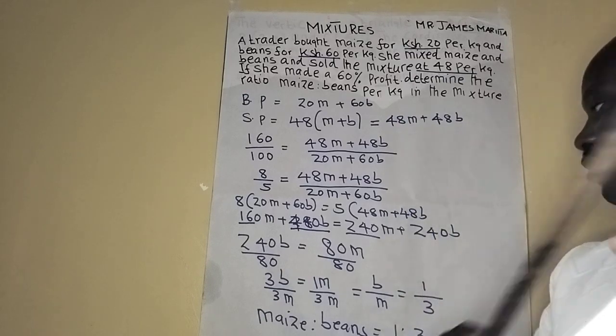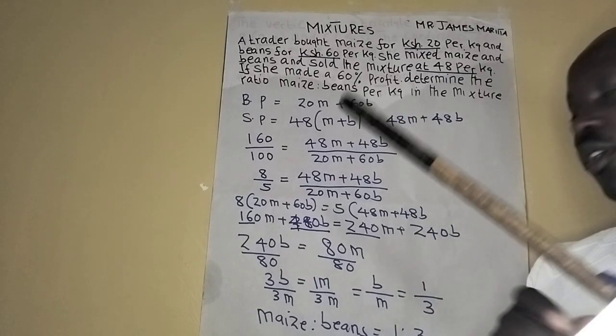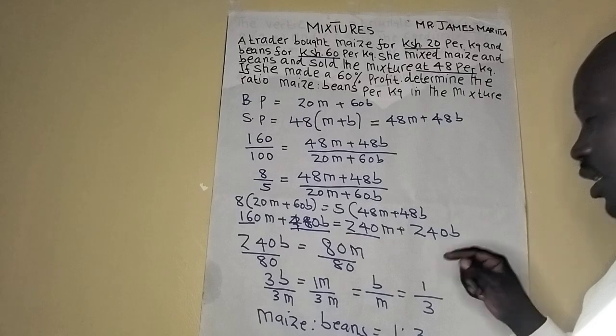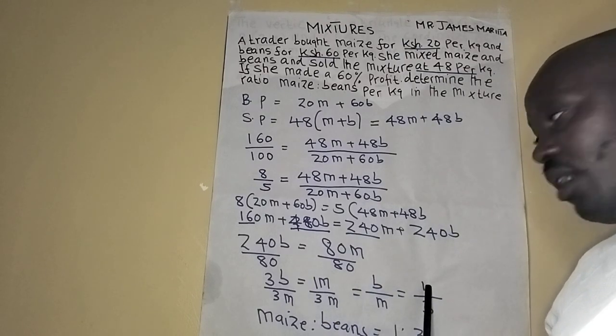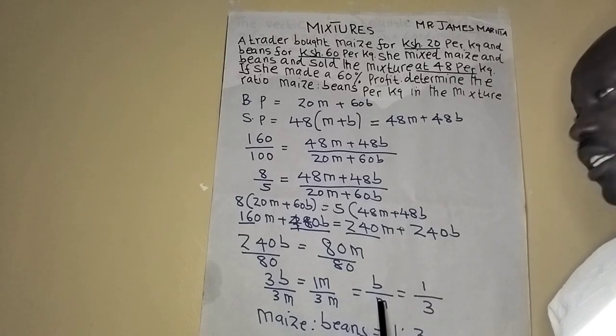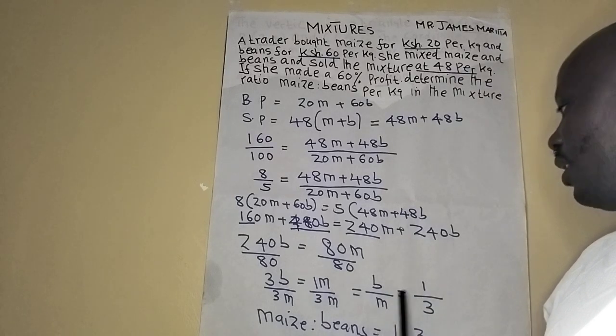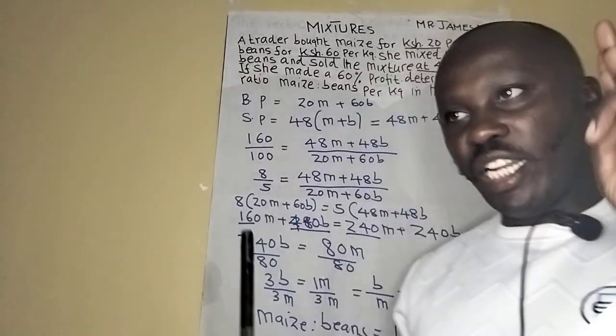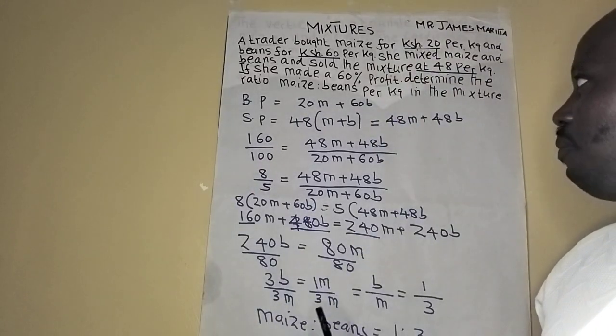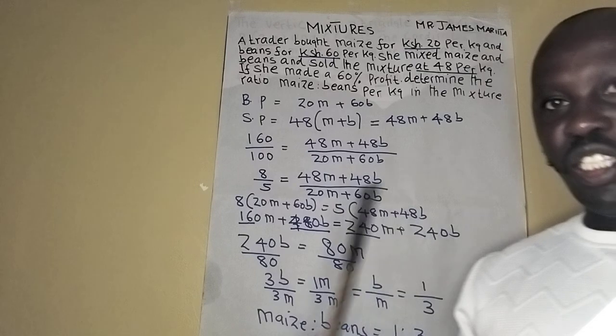So it means for every 1 kilogram of beans, we have 3 kilograms of maize. So the ratio of maize to beans is 1 to 3.